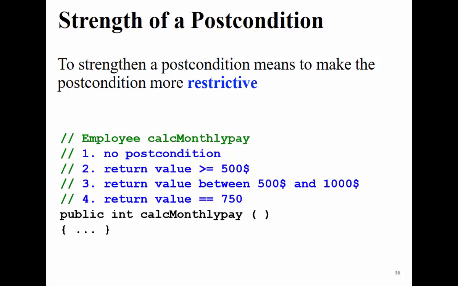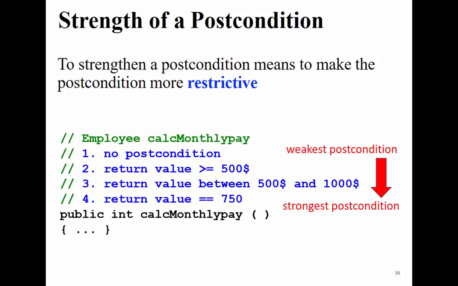Is no postcondition the weakest or the strongest? The weakest. The postcondition is about the returned value, the promise after this method is finished. No postconditions is the weakest one.